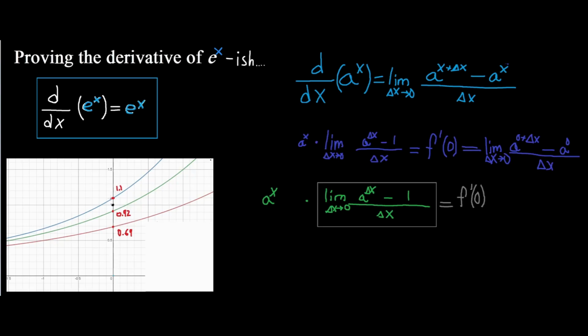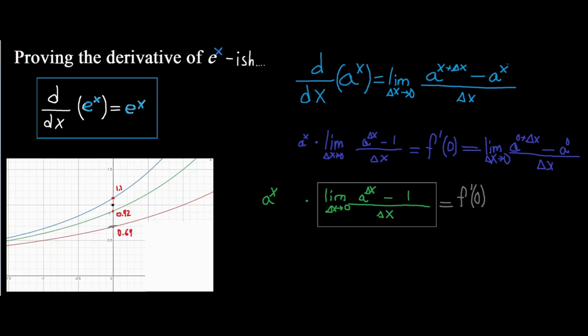What we can use that for is over here on this Desmos graph I made. If a is 2, the derivative at 0 is 0.69.